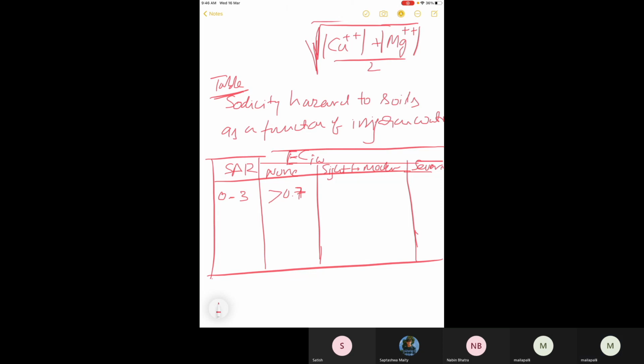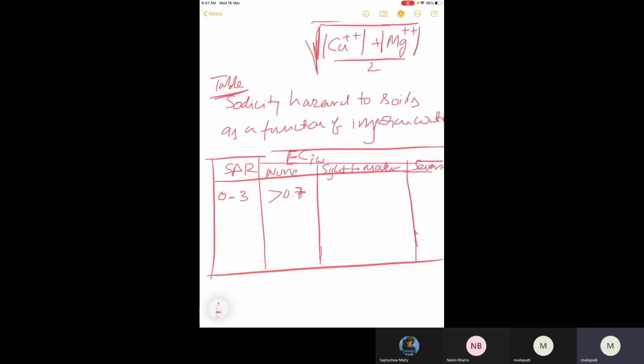So with the soil constituents, like calcium, magnesium, and sodium, find out the SAR, and then find out the salinity of the irrigation water. Now you have to see if that particular irrigation water is good for this particular soil. Suppose your irrigation water is less than 0.7 decisiemens per meter and your SAR value is less than 3, then you're good.